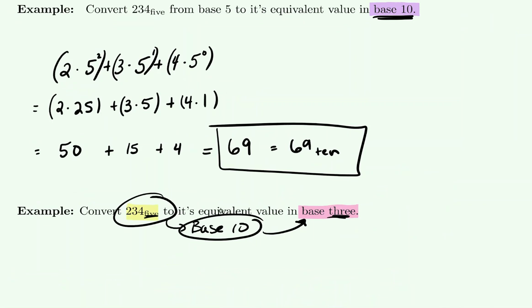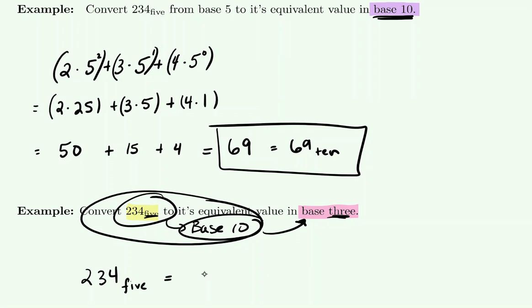Normally you would actually have to complete this step separately, but since we've already converted 234 base 5 to its base 10 value, we know 234 base 5 is equal to 69 in base 10 from our previous work. So normally you would have to complete this step as part of this problem, but we are going to base our work from the earlier example.